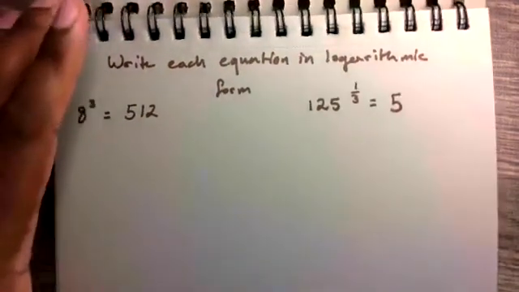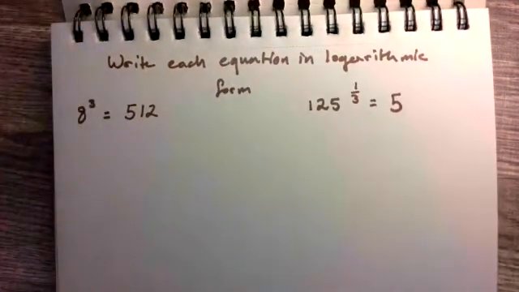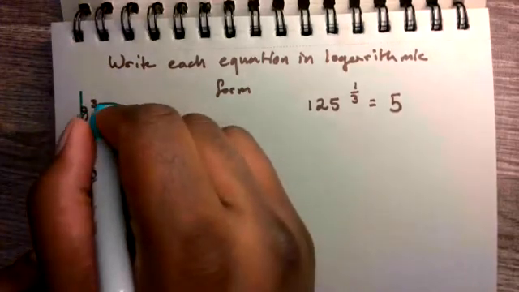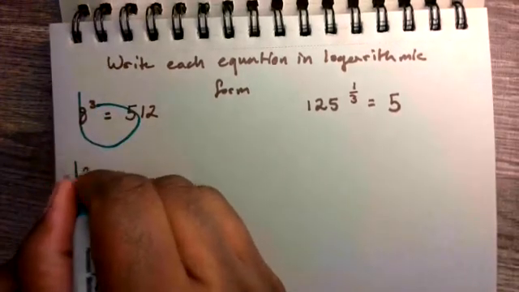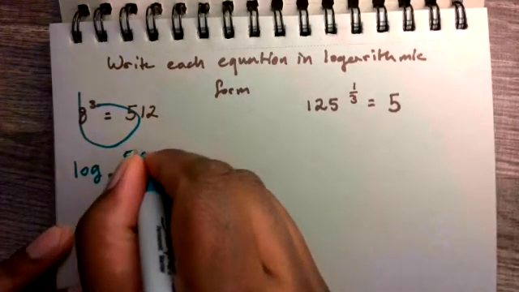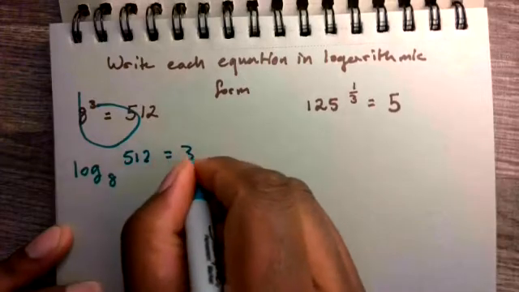What we can do about this is it can help us rewrite some equations. So if I have 8 to the third equals 512, I do my little thing on that, and I want to turn it into a logarithmic equation. I can say log base 8 of 512 equals 3.